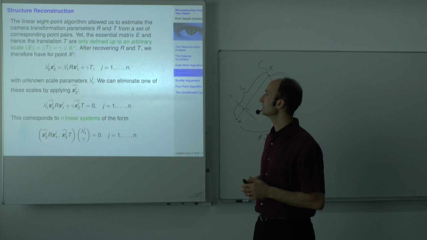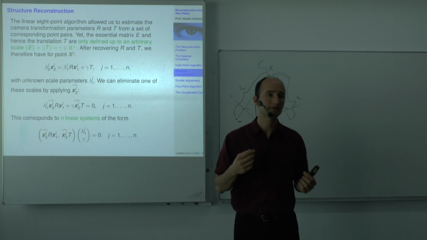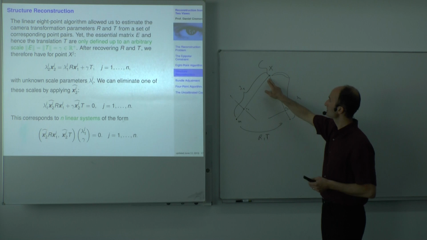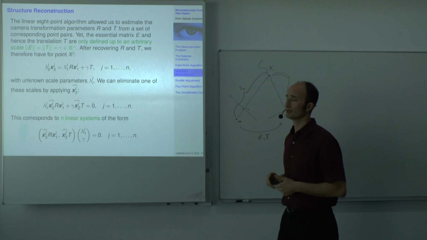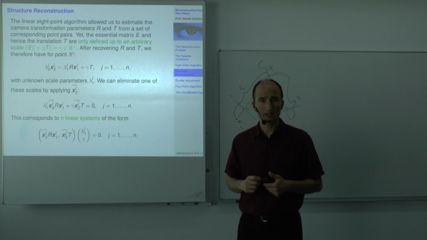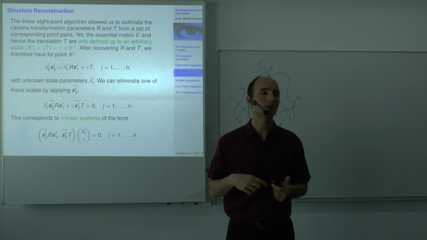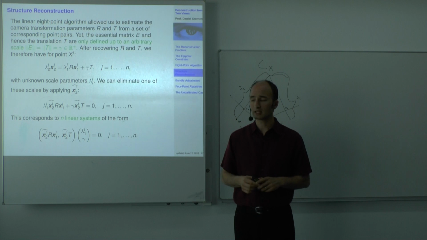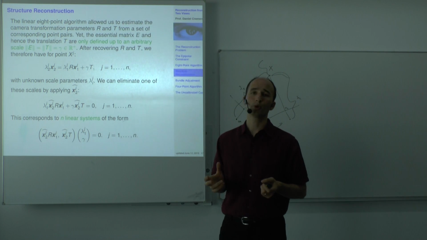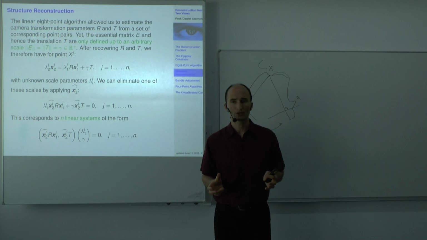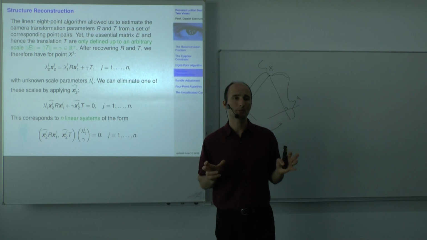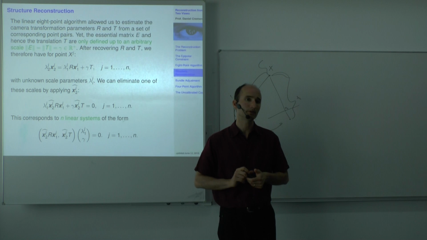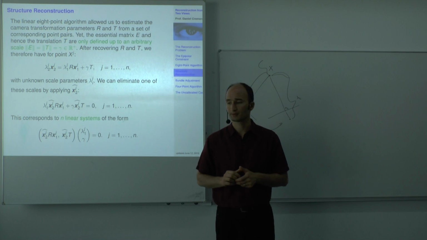What we start with today is, now that we have rotation and translation of the camera, we want to recover the 3D geometry. And I'll show you that this problem as well can be solved using linear algebra methods. And so the core component of this class is to show you to what extent we can apply linear algebra techniques to solve these multiple view reconstruction problems.